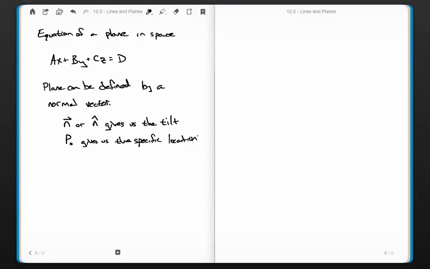So I could write the equation of a plane. Well, what do I know to be true?